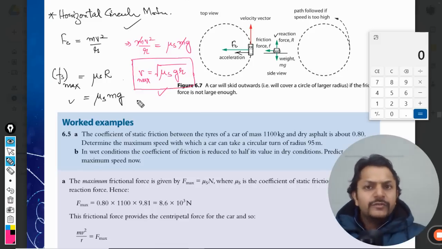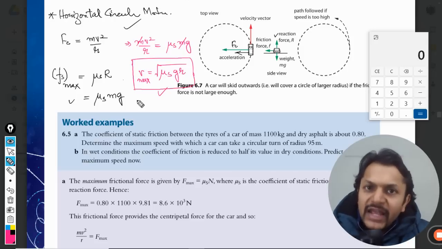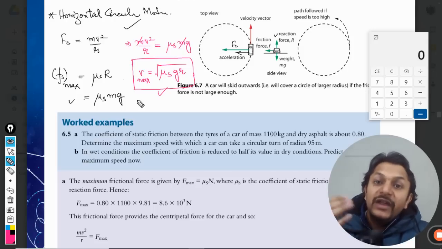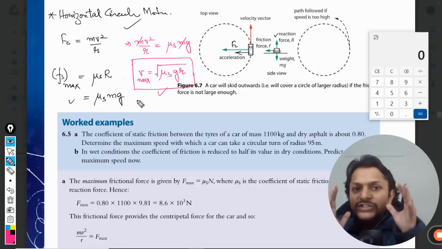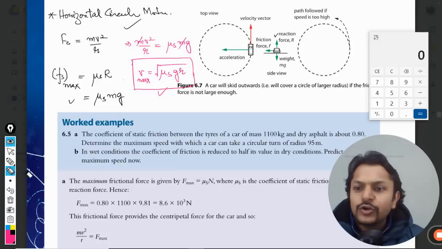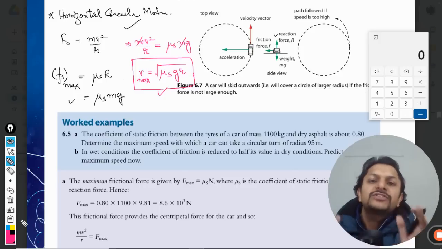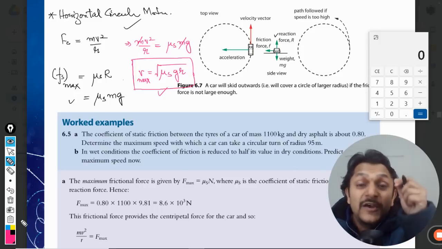Now, in the last video, when we were discussing the centripetal force and the centrifugal force, I told you that you cannot write centrifugal force in IB examinations, but it's very useful to understand. Now you see the application of the centrifugal force. Although it is not given in IB, it will be better if you do not talk about the centrifugal force in the exam, but as a student of physics you must know it, because it is very usable.